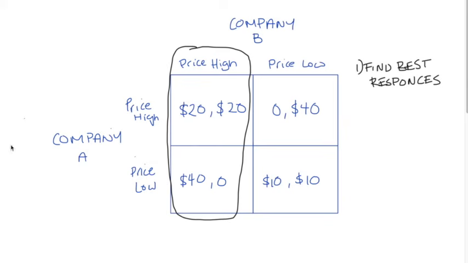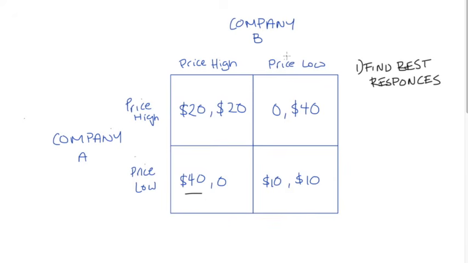So the best response for Company A is to price low if Company B prices high. If Company B prices low, we're on this column here. Company A could price high, in which case they would get $0, or price low, in which case they would get $10. So the best response here is again to price low because 10 is bigger than 0.